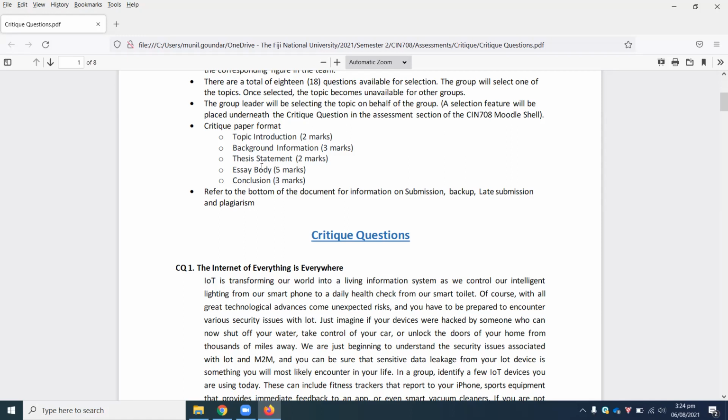If I say it provides the largest income for Fiji, or it is the largest employment provider in Fiji, how? Explain it, describe it. So that is the essay body. And finally is the conclusion. Conclusion is like a sum up. You're summing up and concluding your points and ideas. It's pretty simple.